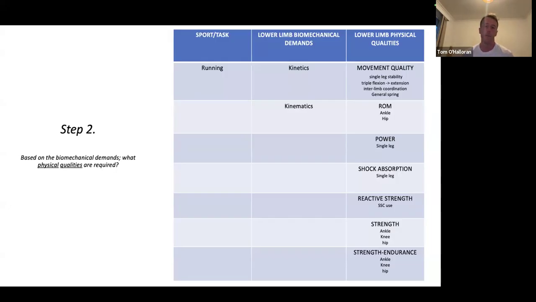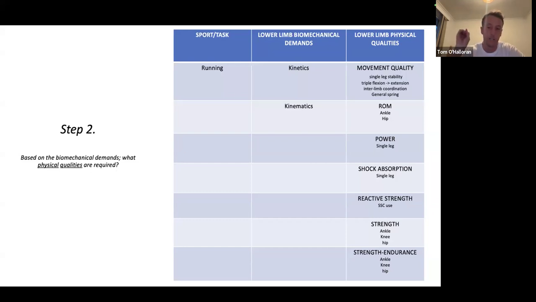In terms of power, so power is another physical quality that we're going to try and improve. We need that single leg power to apply force within a rapid time period. We need the ability to absorb single leg shock absorption. Need some reactive strength for the stretch shortening cycle use for that springiness in the short ground contact time to improve our efficiency.